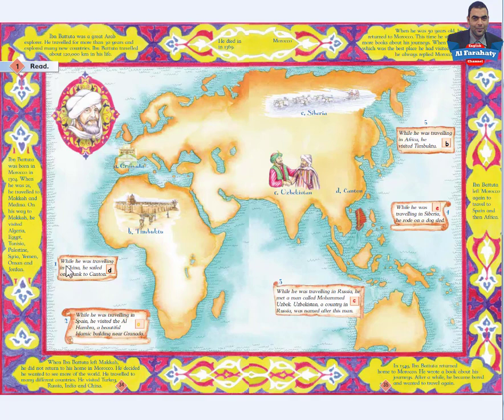1. While he was travelling in China, he sailed on a junk to Canton. Picture D. 2. While he was travelling in Spain, he visited the Alhambra, a beautiful Islamic building near Granada.